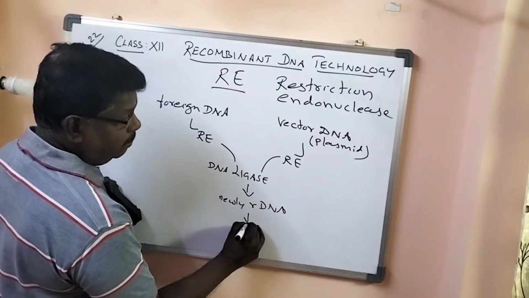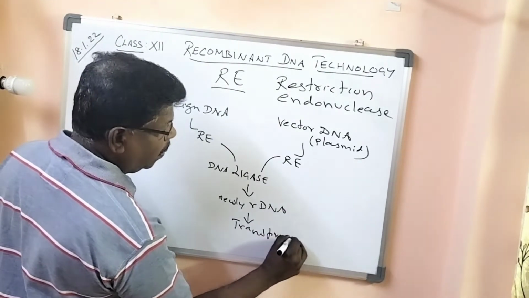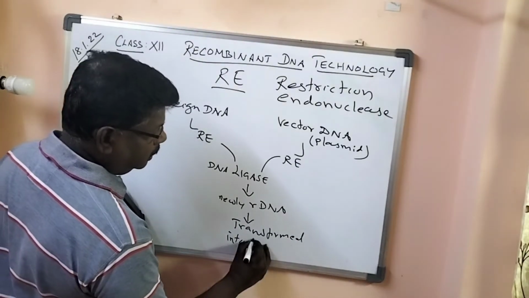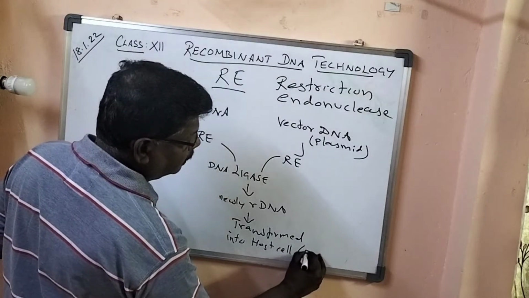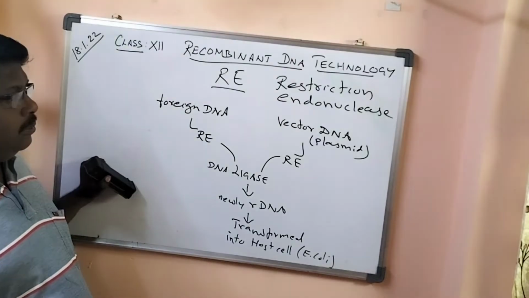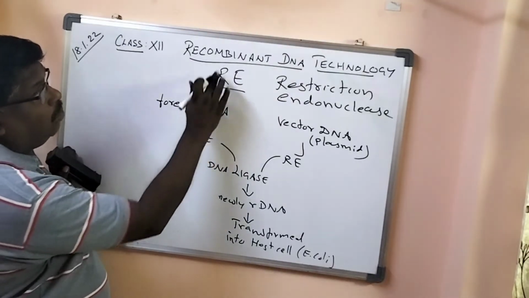And that will be transformed into the host cell, for example E. coli, where it gets multiplied. So this is the schematic representation of recombinant DNA technology.